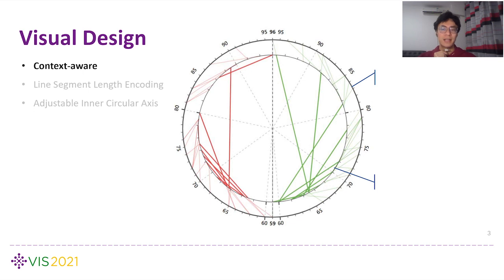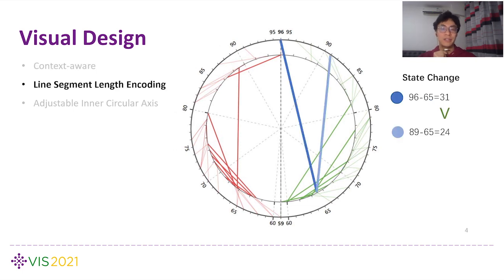Context-aware means that our design can visualize the change quantity by reflecting the before and after states. As shown here, the inner and outer circular axes are used to visualize the value of context states before and after respectively.